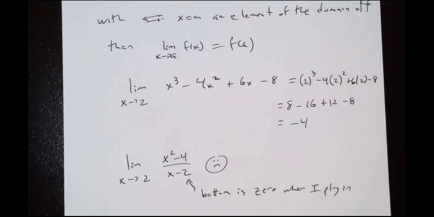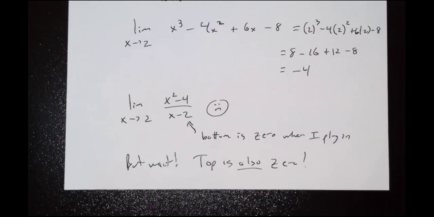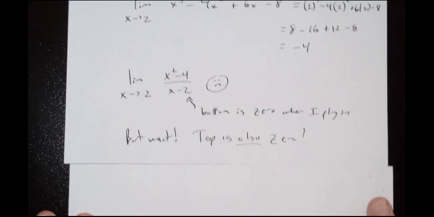That makes this not an impossible. That makes this one of my indeterminate forms. That makes this something I might be able to fix. So now the question is, what do you mean I can fix this?